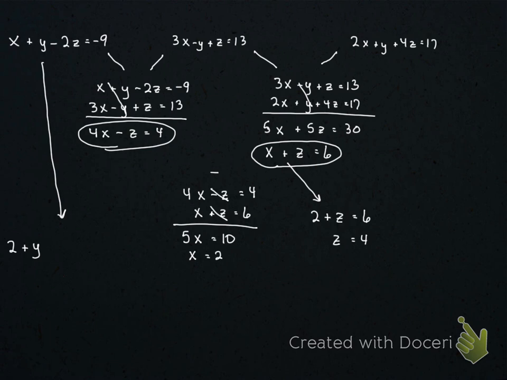So 2 plus y minus 2 times 4, because z is 4, is equal to negative 9. 2 plus y minus 8 is equal to negative 9. So y minus 6 is equal to negative 9. Therefore, y is equal to negative 3. And the solution then would be written in a set of coordinates with x first, y next, and z last. So x, y, and z.